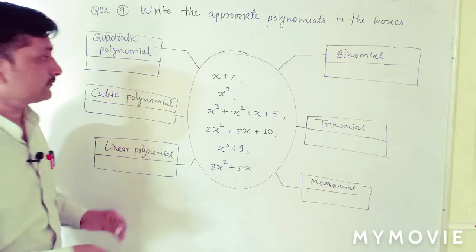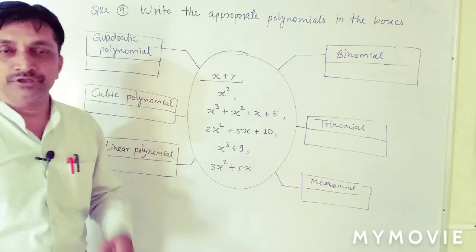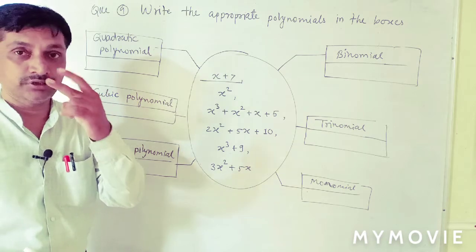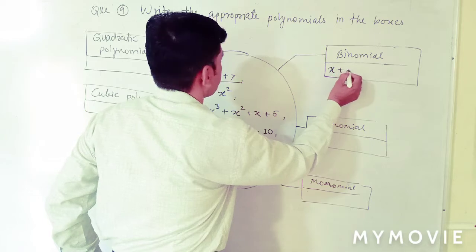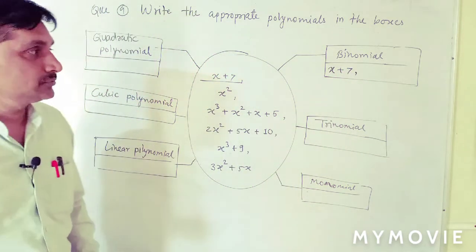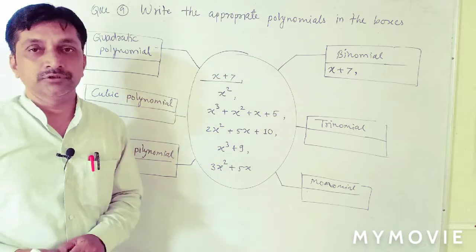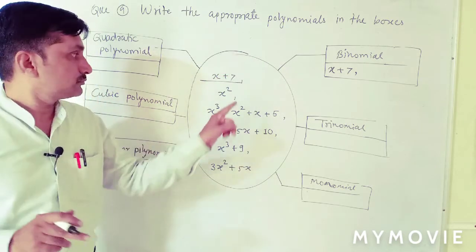Now let's see. x plus 7. How many terms? 2. Therefore binomial. It will come here. 2 terms, binomial. What is the degree of that? 1.